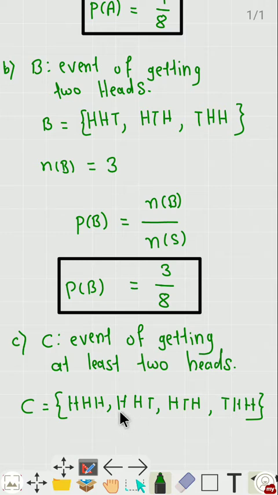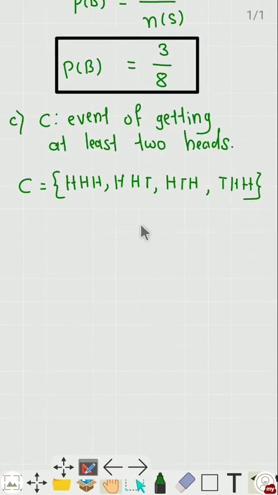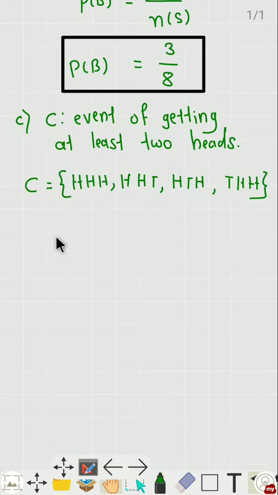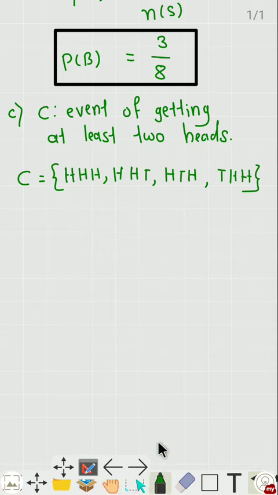Okay, so 1, 2, 3, 4. In this case, the total at least two means two or more than two, so two heads and three heads. These are the outcomes of this event, and the total number of outcomes is n of C, which is 4.